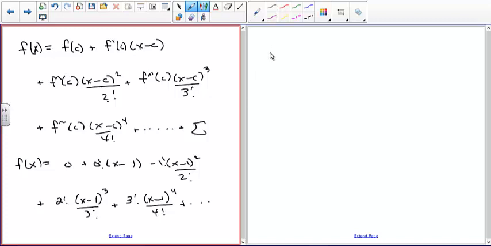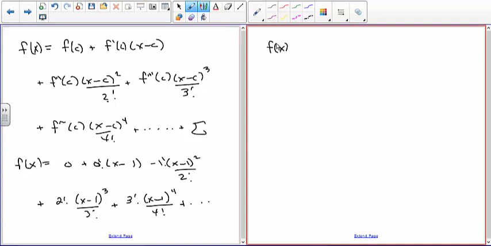Yeah, you could do it that way, or another way of simplifying it would be to have x minus 1 divided by 1 minus x minus 1 squared divided by 2 plus x minus 1 cubed divided by 3. And that's because here we have 3 factorial in the denominator and 2 factorial in the numerator.